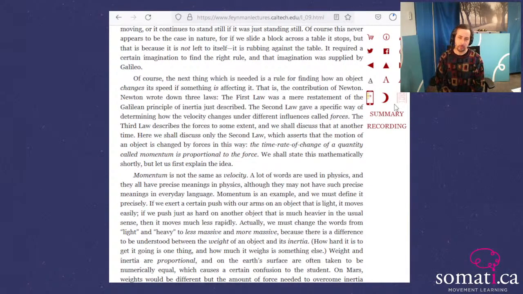Of course, the next thing which is needed is a rule for finding how an object changes its speed if something is affecting it. Right, because Galileo was looking at nearly frictionless things, the movement of planets around each other. Definitely apparently frictionless from the Earth viewer.